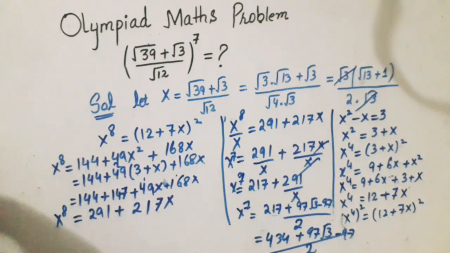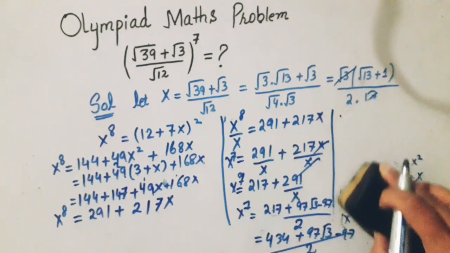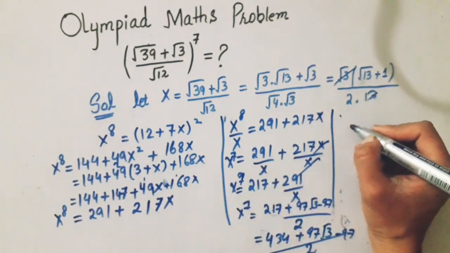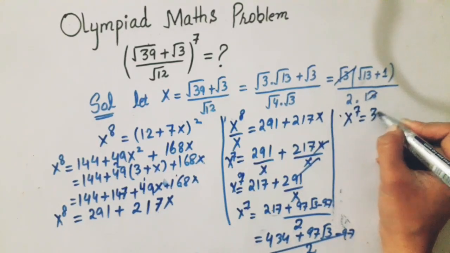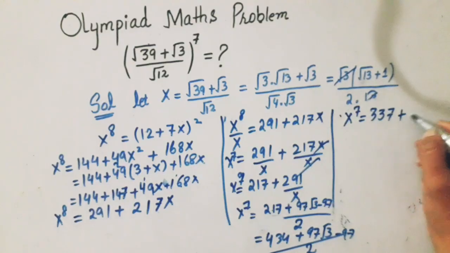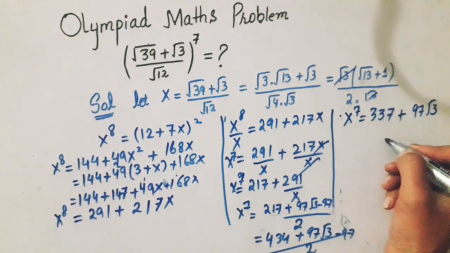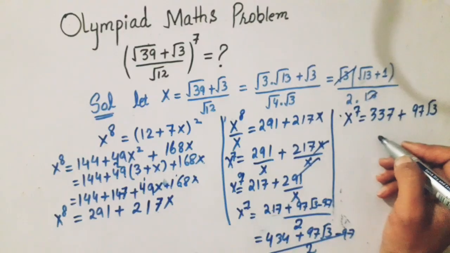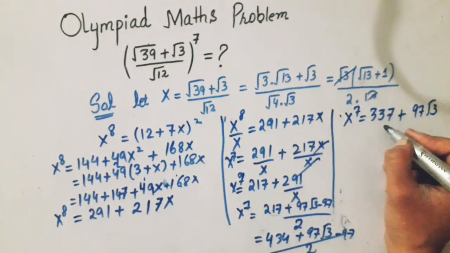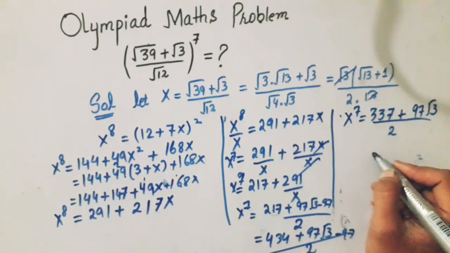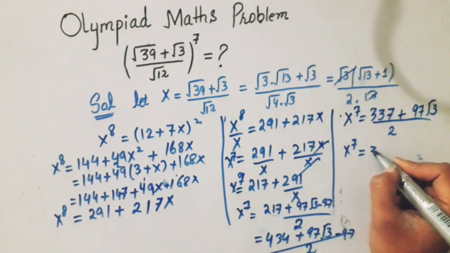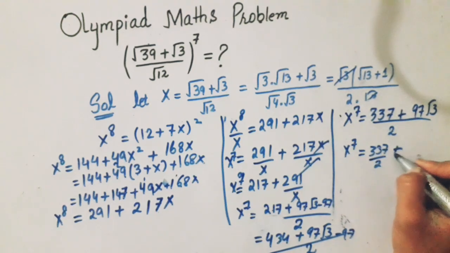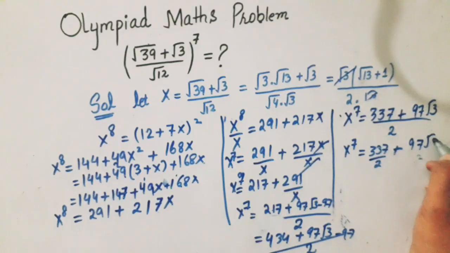After solving this we get 337 plus 97 root 3, because 434 minus 97 is 337, divided by 2. We will write the final answer that x7 equals 337 divided by 2 plus 97 root 3 by 2. So this is the answer.